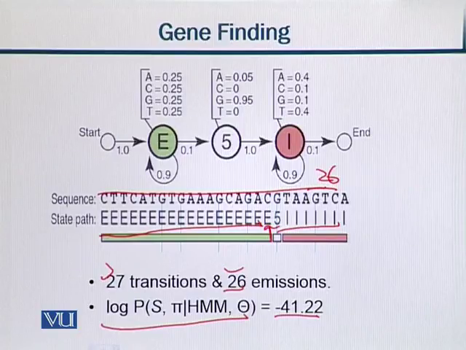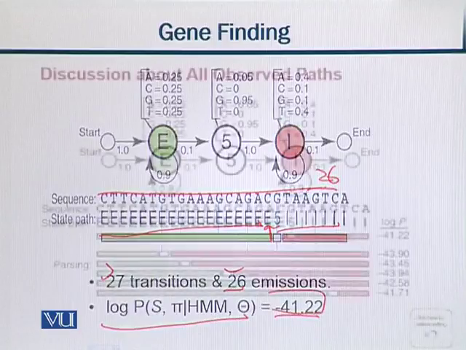Why are we taking log? To make it a measurable unit, because these multiplications will result in a very small value. To keep it in a measurable range, we apply log, and this value comes out to minus 41.22.